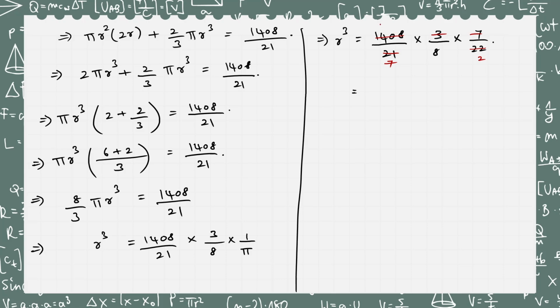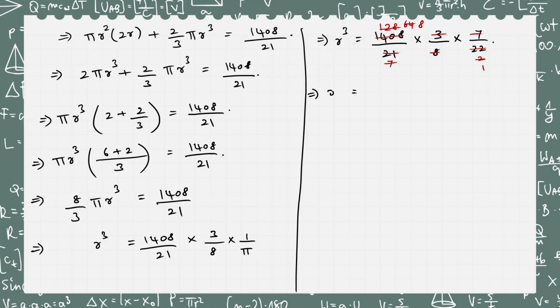Here 11 1 time 11 balance 3 30. 11 2 times 22 balance 8 88. 11 8s are 88. Again cancelling 2 and 128 we get 64 times, right? So r cube equal this 8 and 64 also we can cut here. So finally we are having 8 as the RHS.